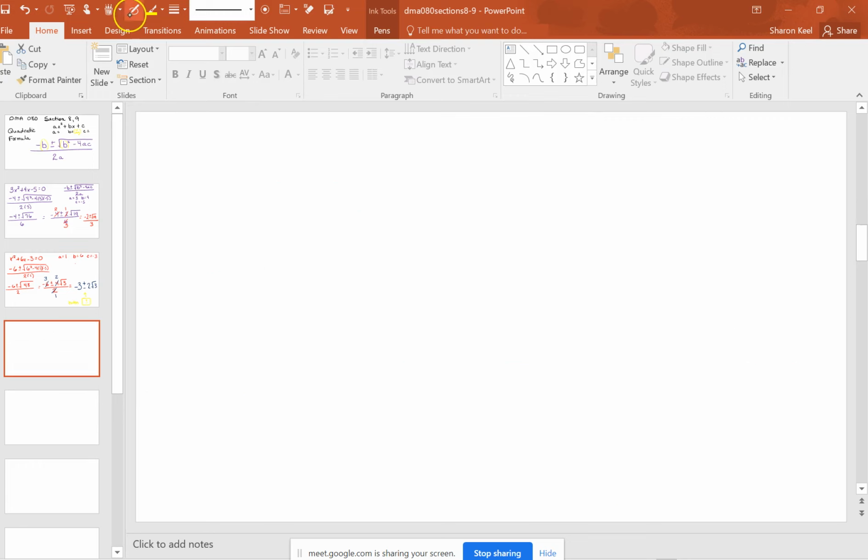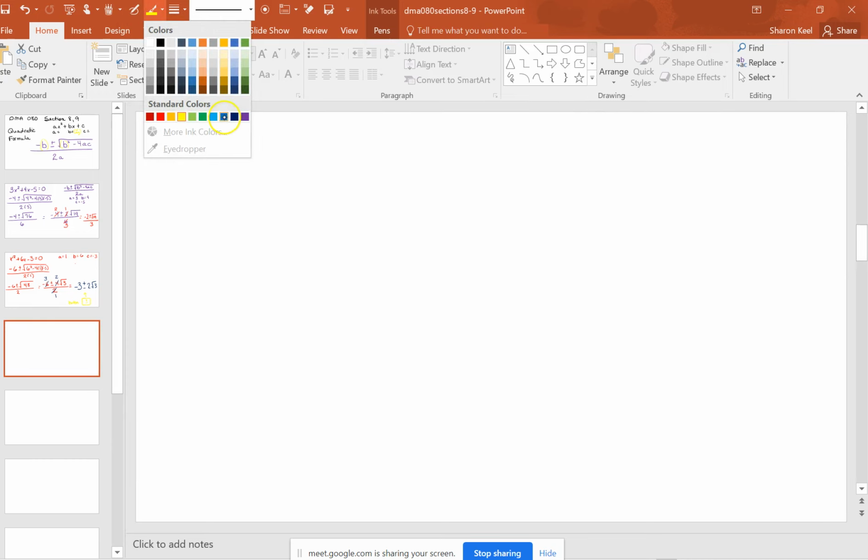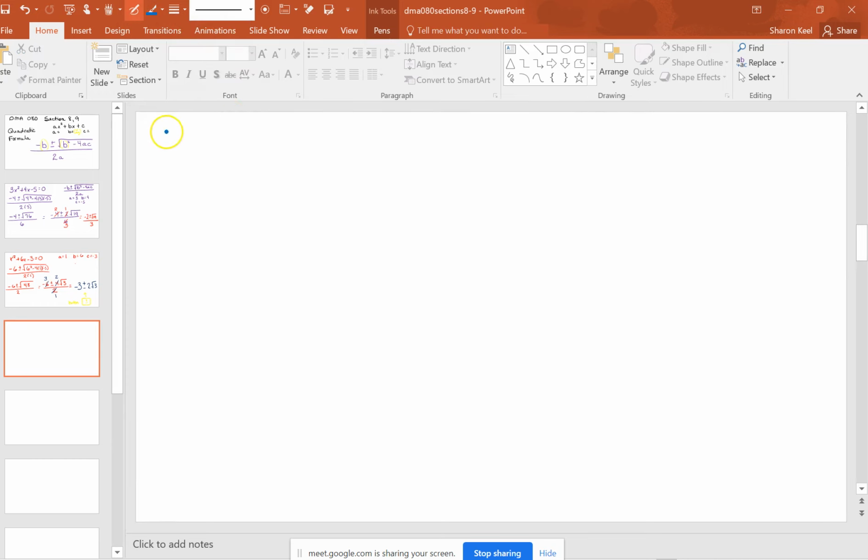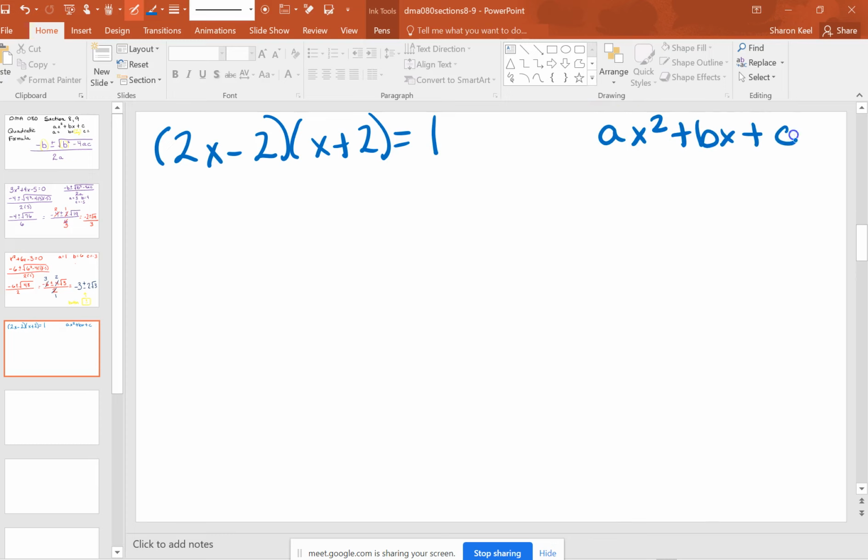I did want to give you one that was a little more complicated. So here's one that was a little more complicated. If you are given these two binomials equal to 1, we can't do anything until we have our equation in this form. So what that means is I have to FOIL and go through that whole process.